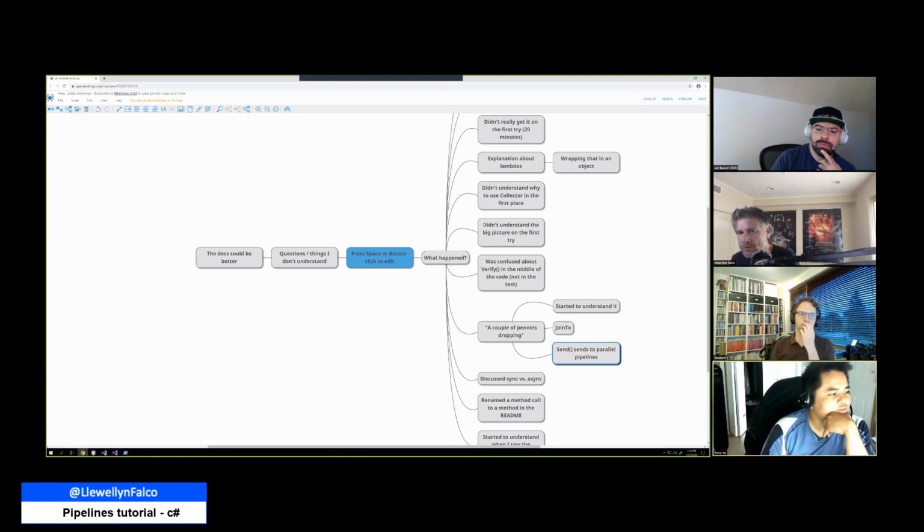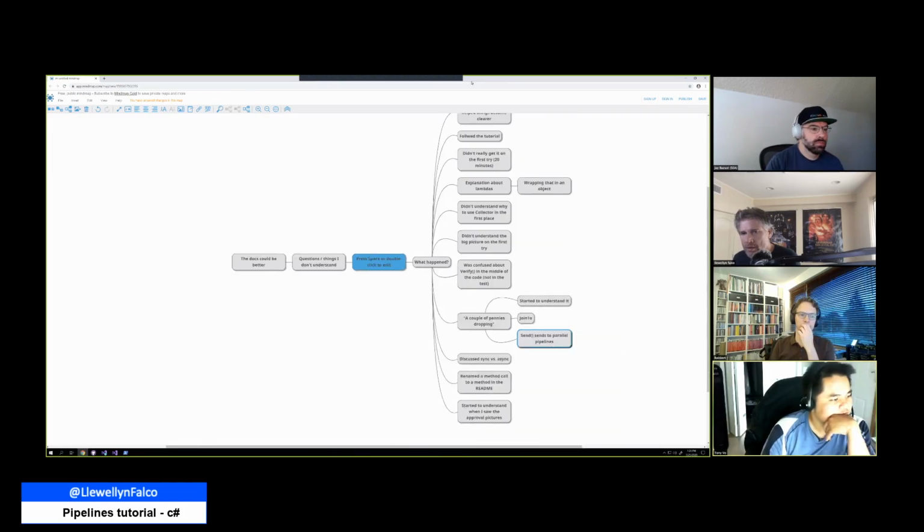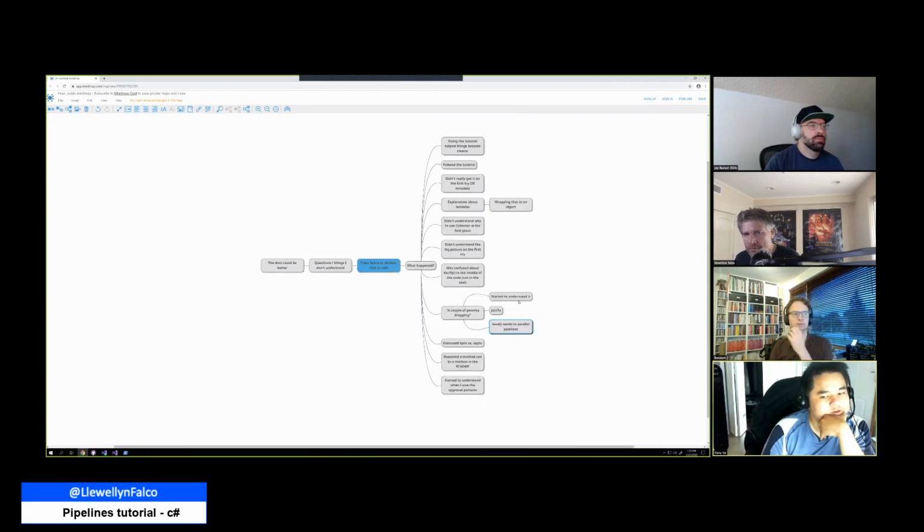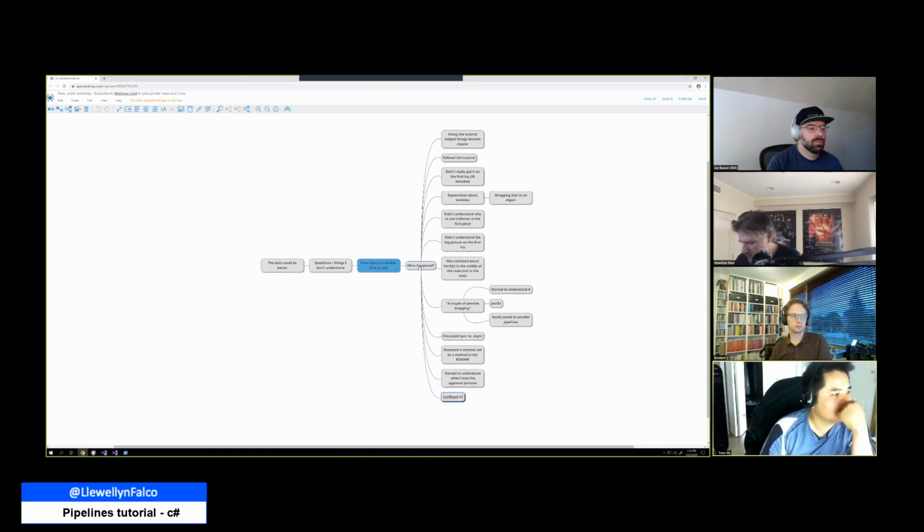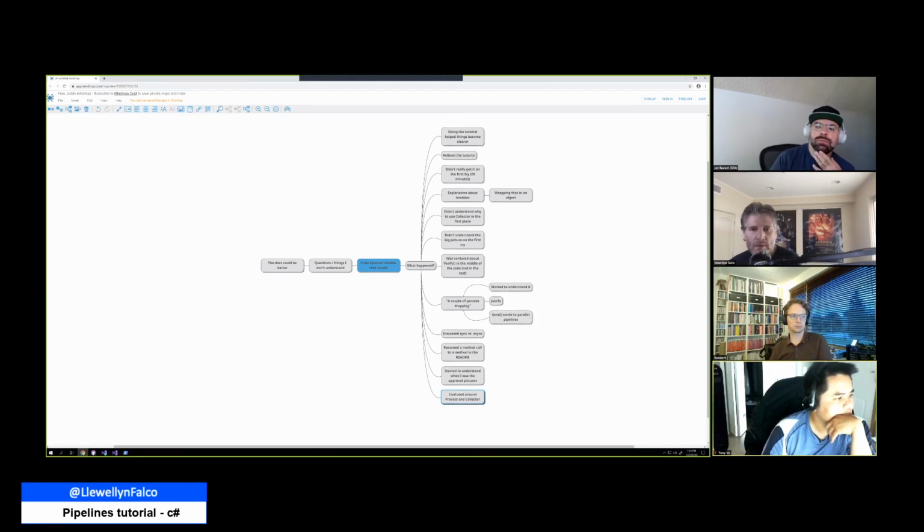I was also getting confused between the process function and the collector.collect. All right, anything else?